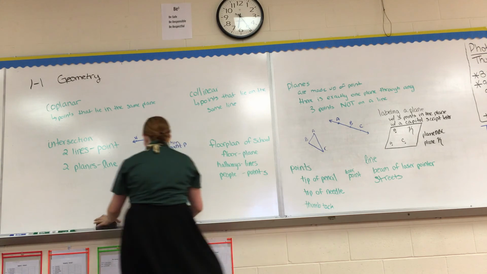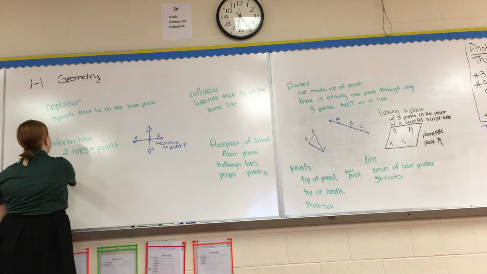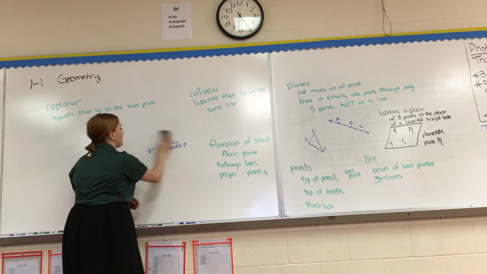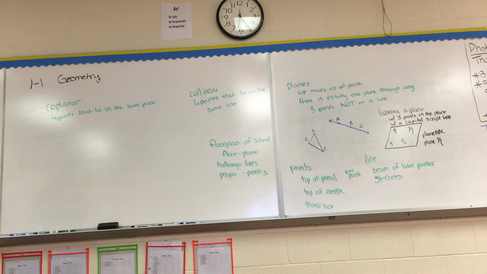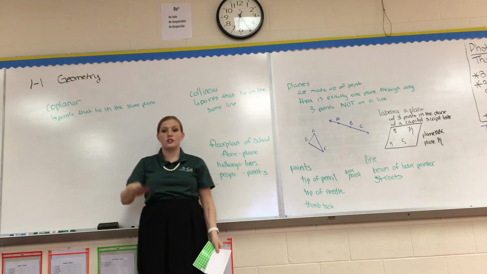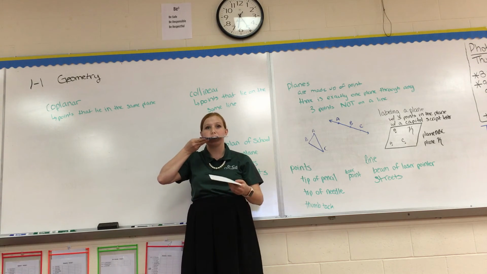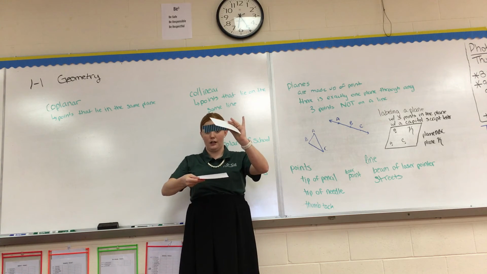Now, what happens if two planes are at different levels? So imagine that I have two sheets of paper here, right? I have three sheets of paper actually. So this plane is right here. I have another plane that's right here.